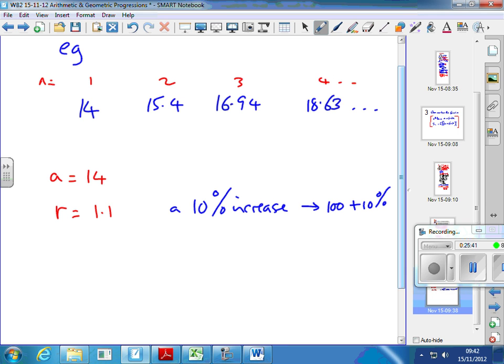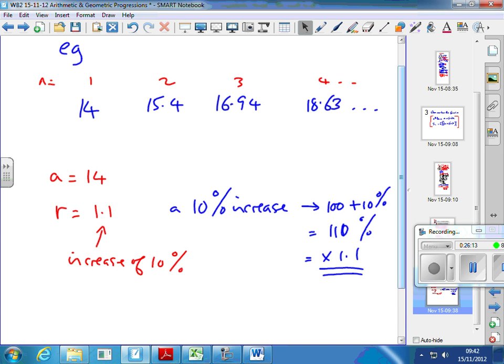And how do I find 110% of something? I multiply by the percentage and divide by 100, don't I? So this is times by 1.1. So a common ratio of 1.1 means an increase of 10%.